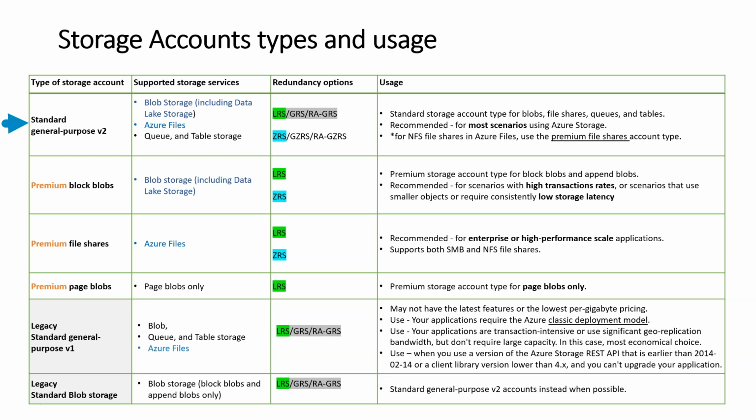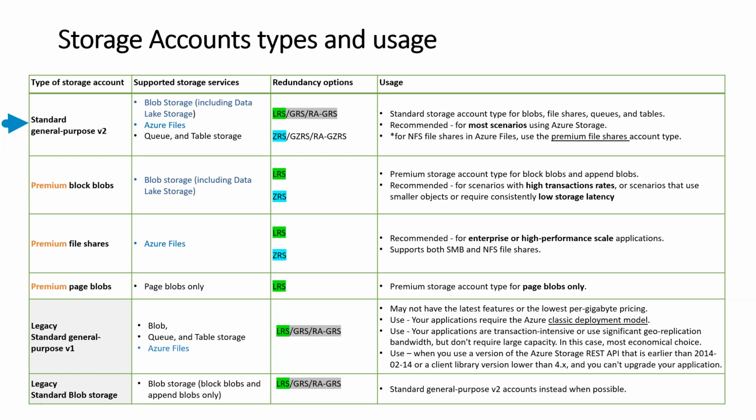It provides a lot of redundancy options: local redundant storage, geo redundant storage, zone redundant storage, and geo zone redundant storage. And the usage is a standard storage account for blobs, file share, queues, and tables. It is recommended for most scenarios.